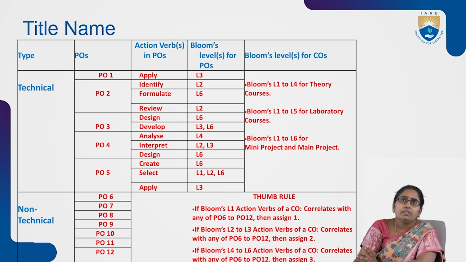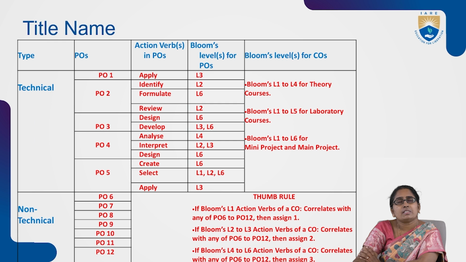In those, the action verbs for POs we can see in the table. Apply, identify. These are the various action verbs they use for each PO. And Bloom's levels. As we know, there are 6 Bloom levels, mentioned as L1, L2, L3, L4, L5, L6.